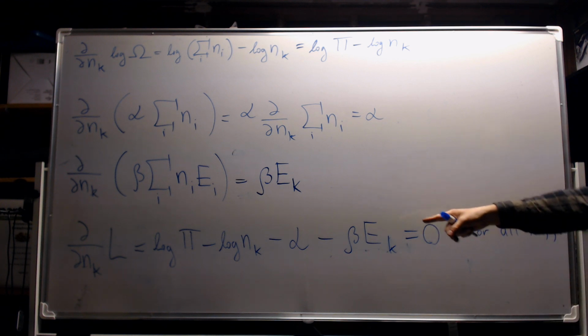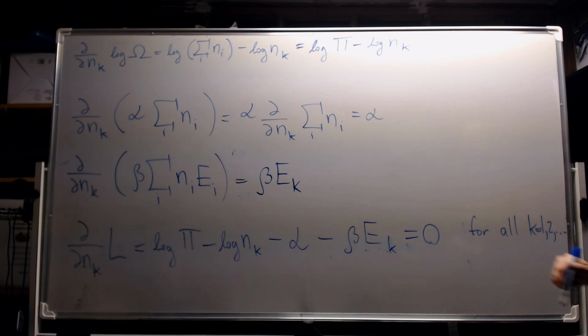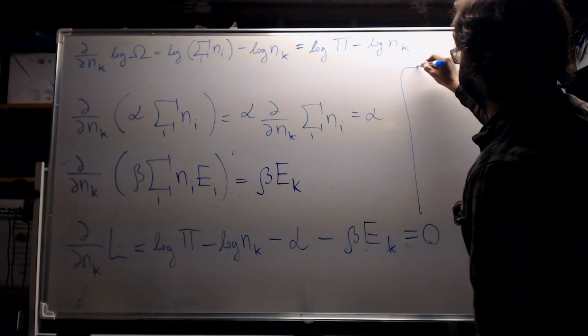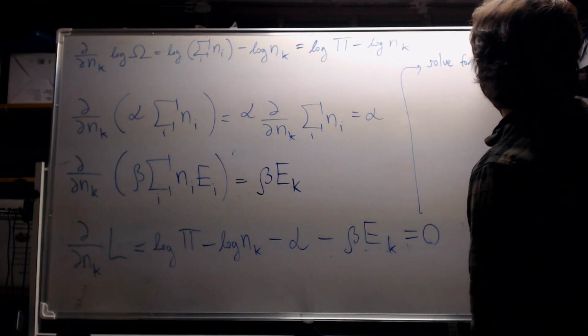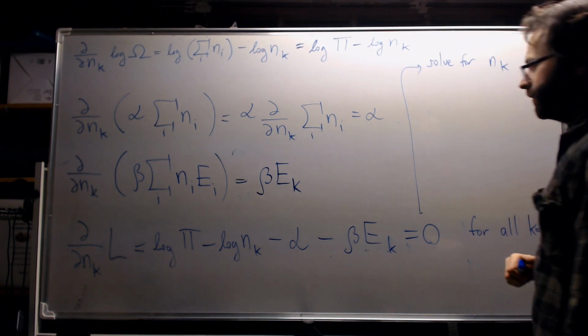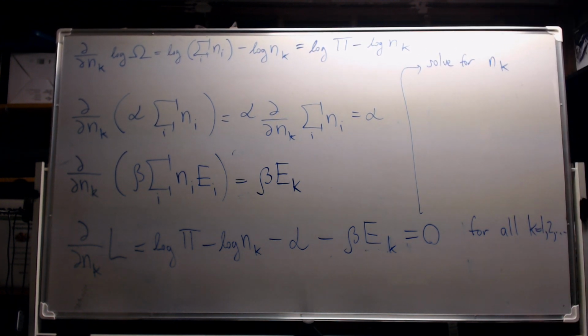We can solve this now for n_k. And instead of just calling it n_k, we're going to call it n_k with the superscript star to indicate that this is that specific n_k.